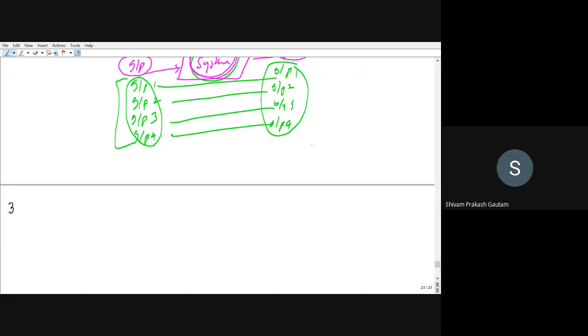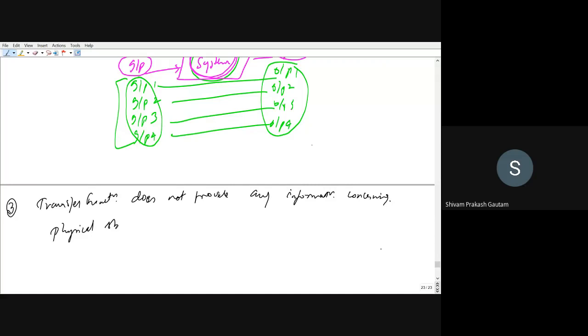Property number 3: the transfer function does not provide any information concerning the physical structure of the system.